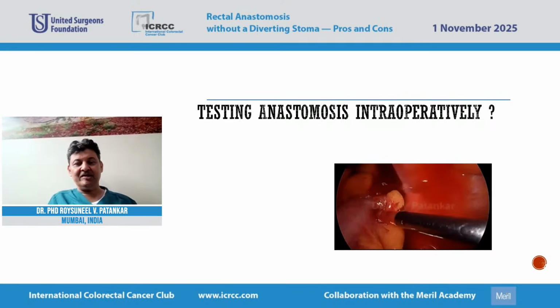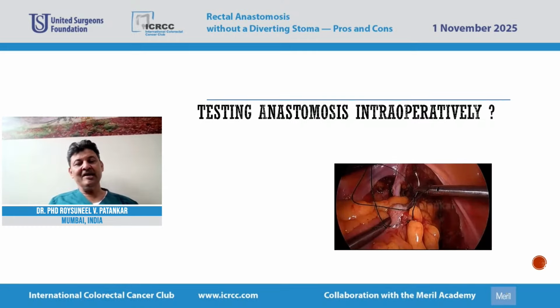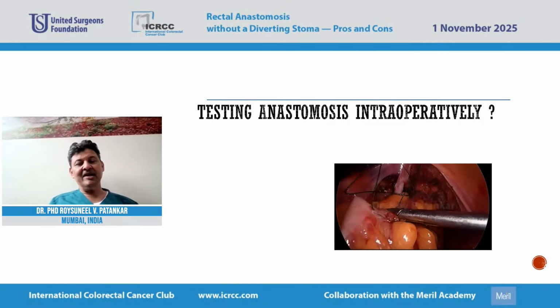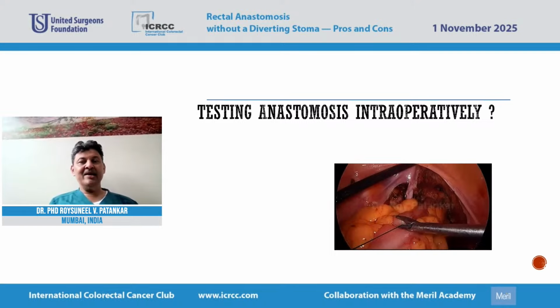So there was a small full thickness tear in the sigmoid colon, which we closed with 3-0 Mersilk, and we still didn't defunction this patient. If we did have a bubbling or a leak from an anastomotic line, I would always defunction the patient. But because this was proximal to it, after this case, I always teach that it's always worthwhile testing your anastomosis intraoperatively. We will also selectively do an intraop endoscopy after the stapling is complete to make sure there is no leak.